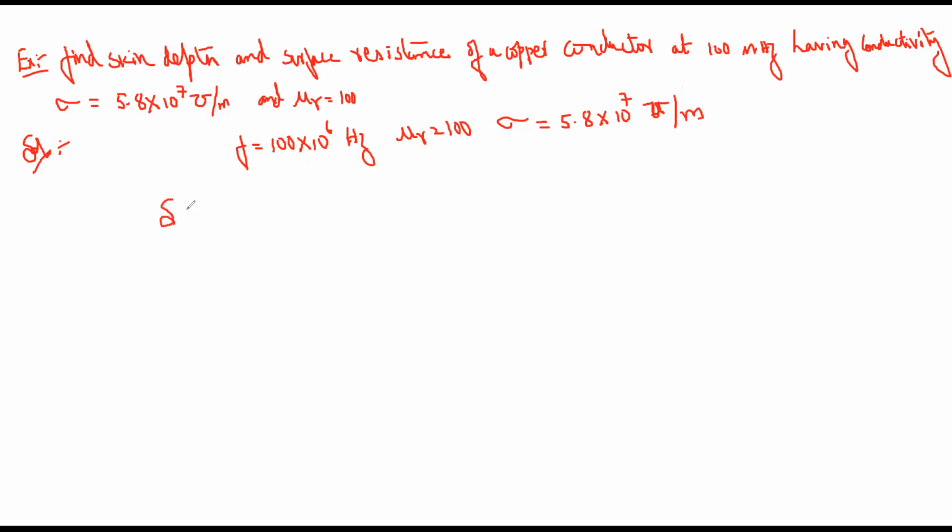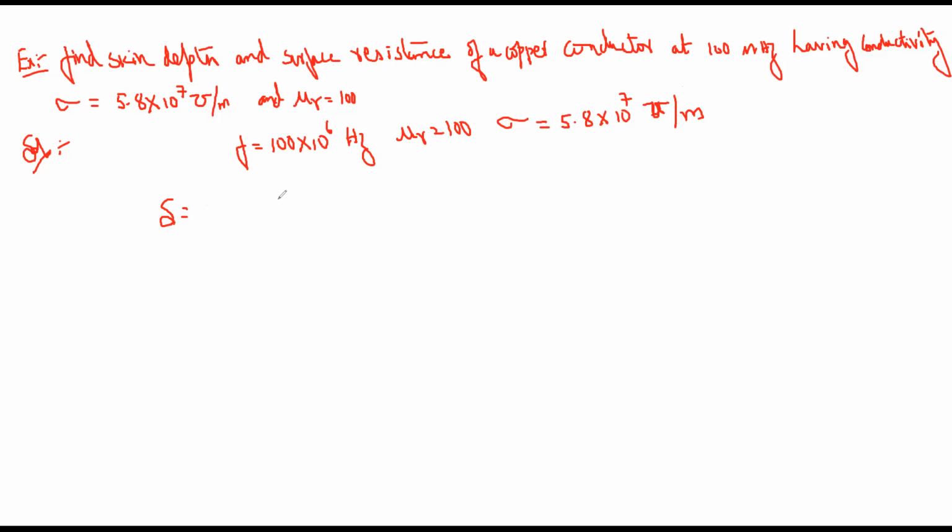Skin depth delta is equal to, I already told, delta is equal to 1 by alpha. Alpha is equal to under root of, whenever it is, gamma is equal to under root of j omega mu into sigma plus j omega epsilon.